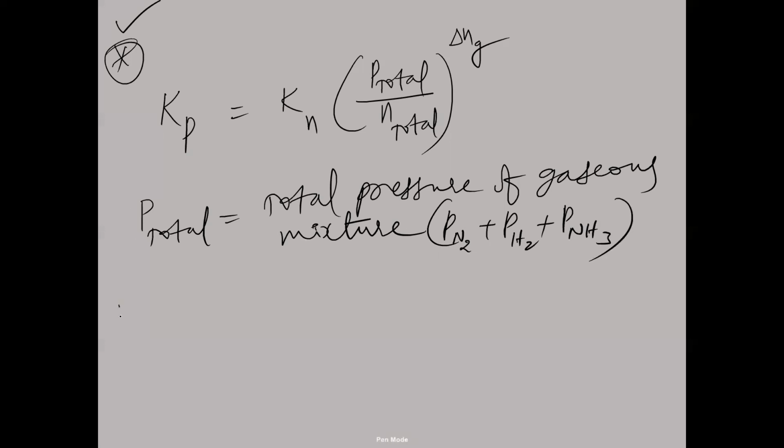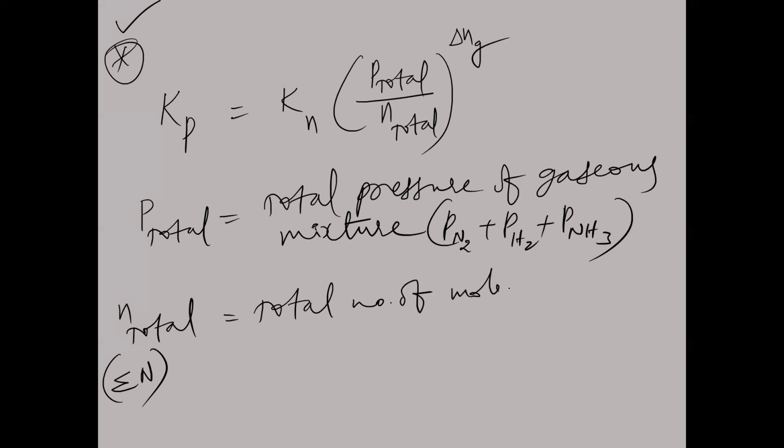Now next, N total. In some problems it will be given as sigma N, or the sum of the number of moles, the total number of moles. So N total is equal to the total number of moles of the gaseous mixture, the total number of moles of all reactants and products.